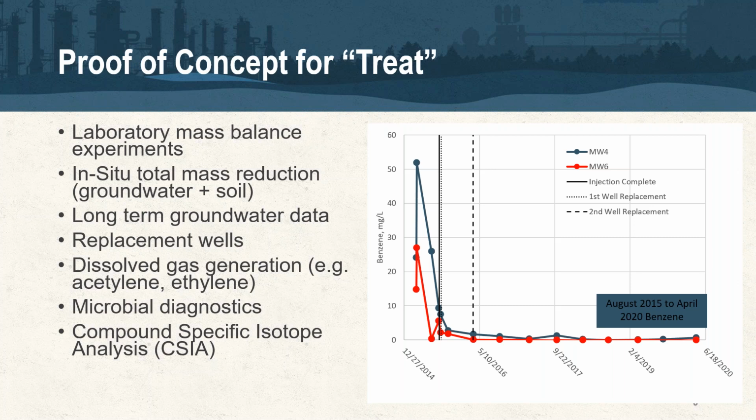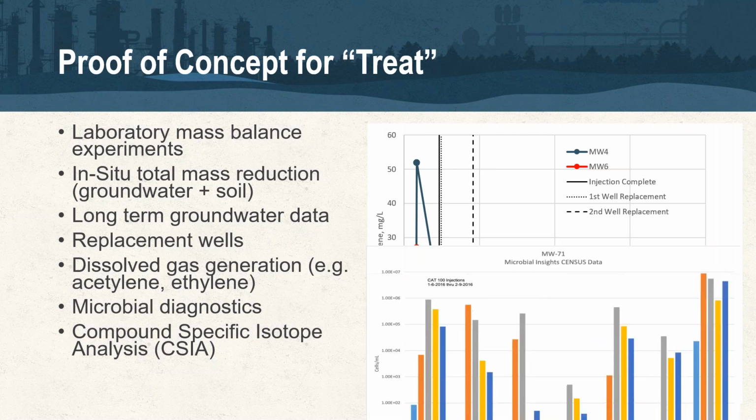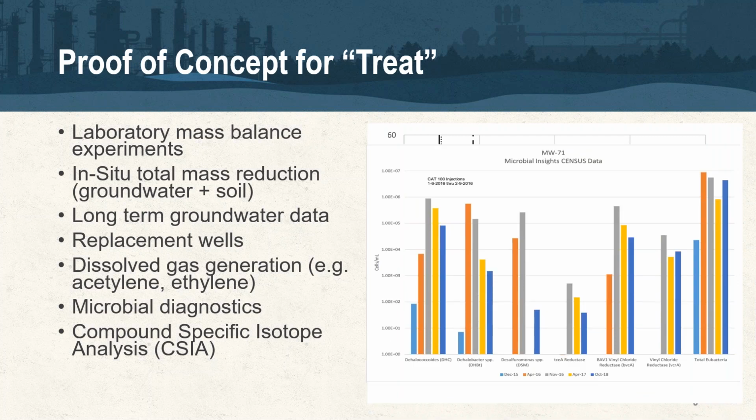and make sure that we're getting complete treatment. We can also look at microbial diagnostics, and so we can look at things like DHC, Dehalococcoides. We can look at functional genes being generated. I'll actually give you a little deeper dive on this particular project later in the presentation.